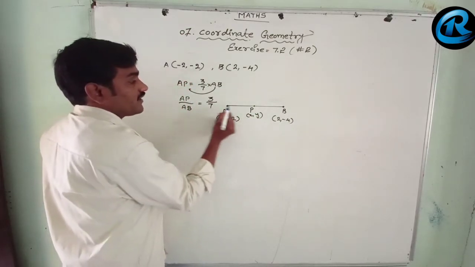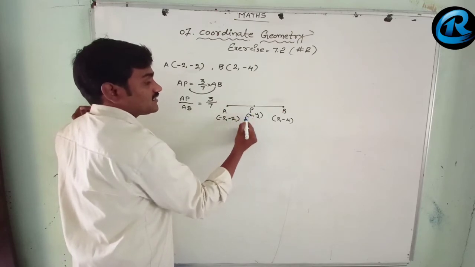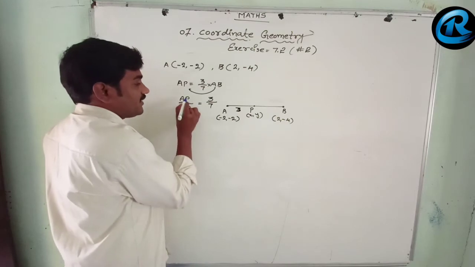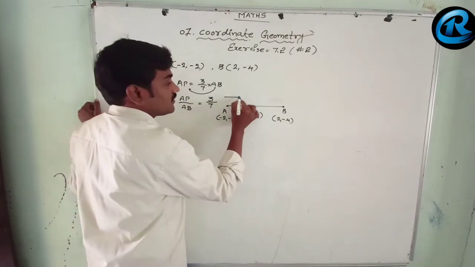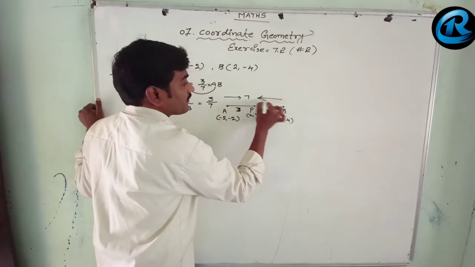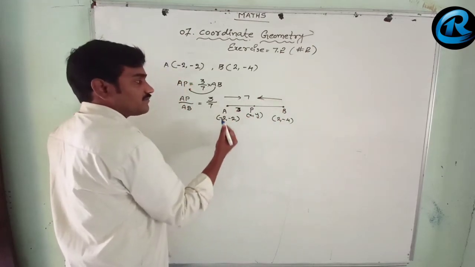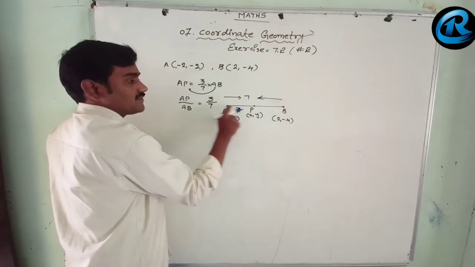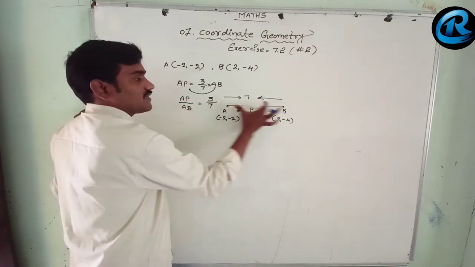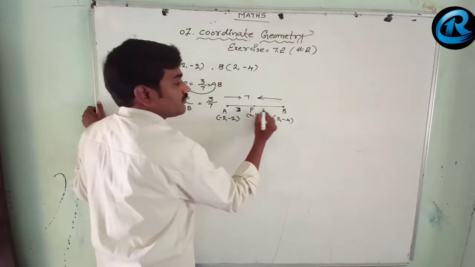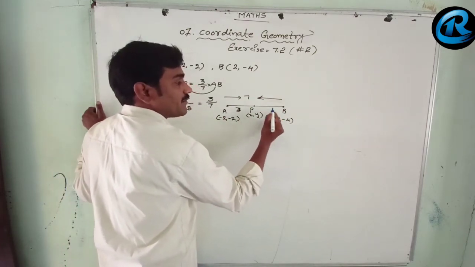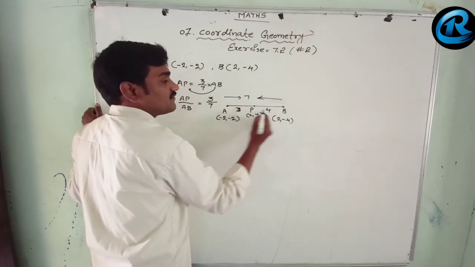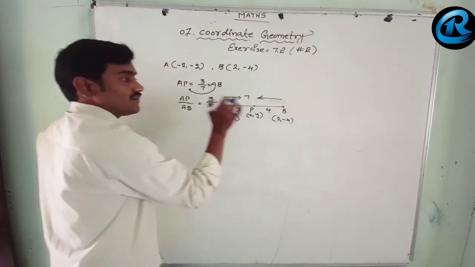See that AP is 3 parts and AB is 7 parts. This complete AB is 7 parts. Then can you tell what PB is? PB is AB minus AP, that is 4 parts. 3 plus 4 will be 7.